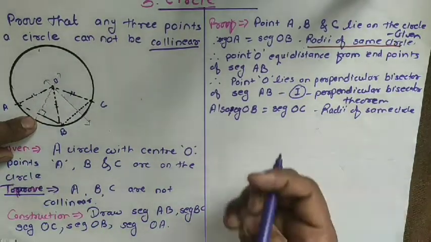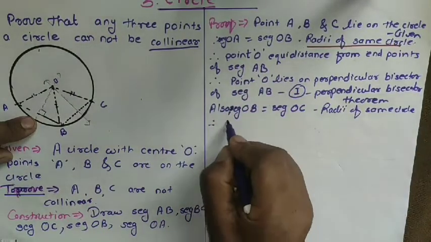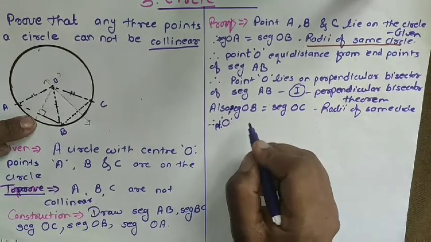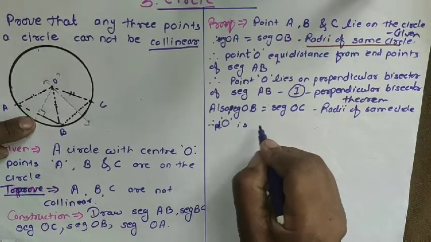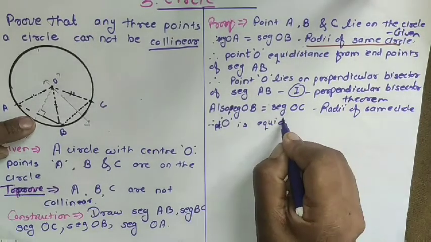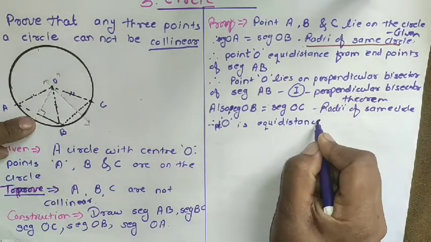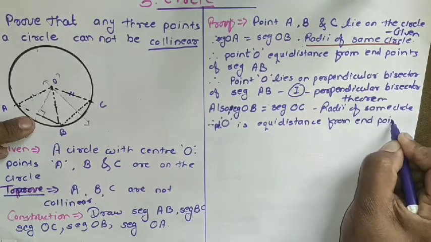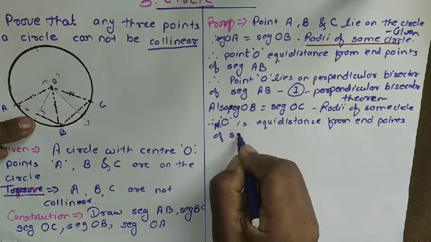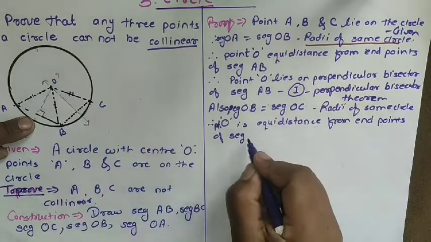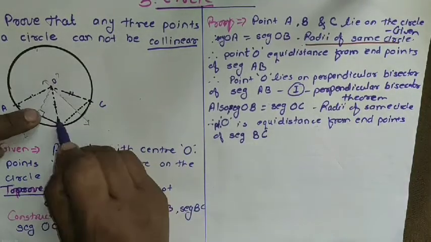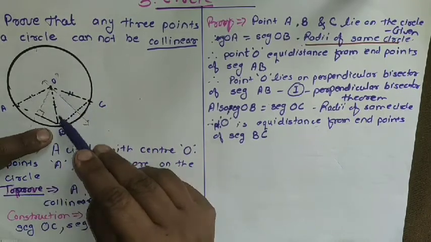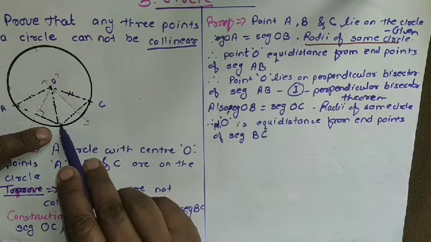So here you have to write, therefore point O is equidistant from the endpoints of seg BC. If OB is equal to OC, then this point O is equidistant from the endpoints of seg BC.